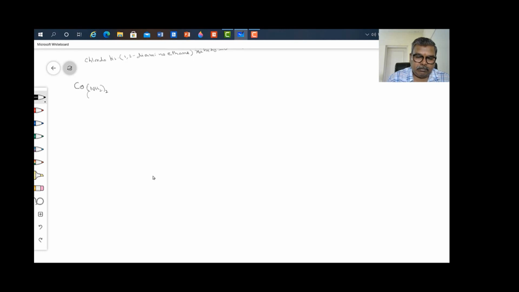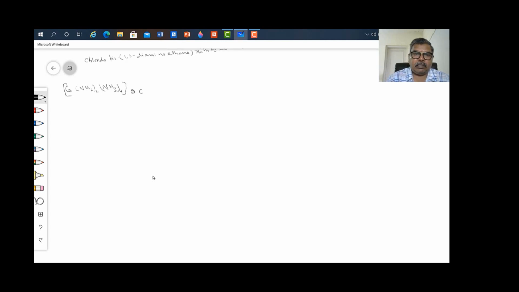CO, NH2 taken twice, NH3 taken 4 times, O, C2H5.